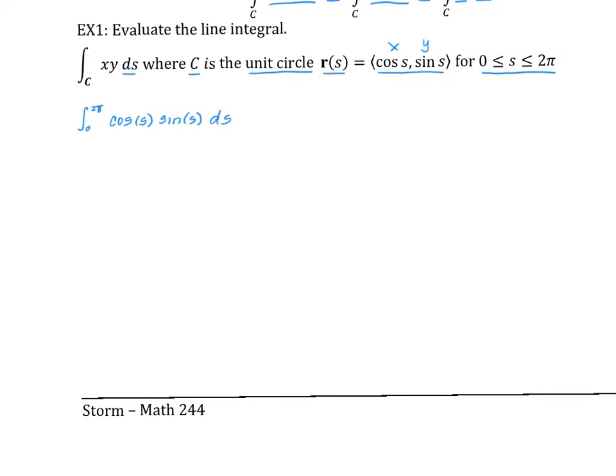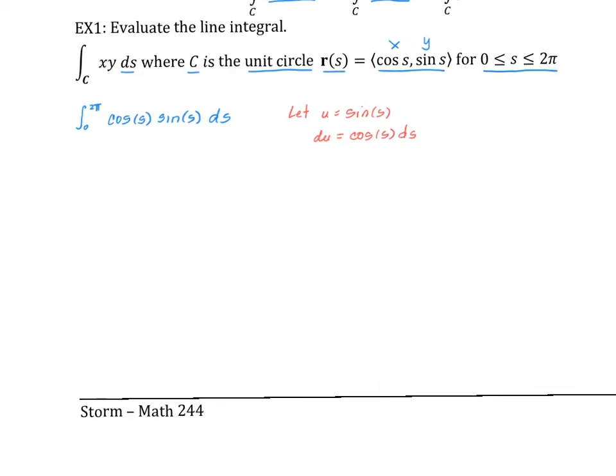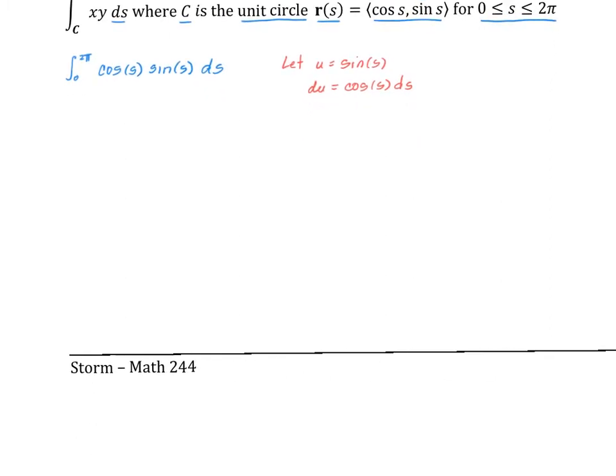I think I'm going to do a substitution. I'm going to let u equal sine of s, because I know that du will be equal to cosine of s ds. Now typically I change my limits of integration as well, but I'm not going to this time.